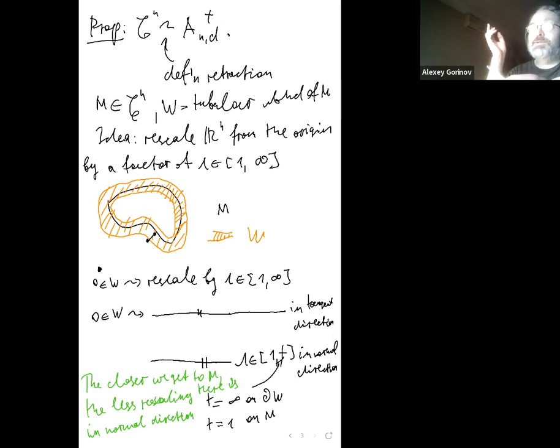Let's try to think what actually happens as we do this procedure.